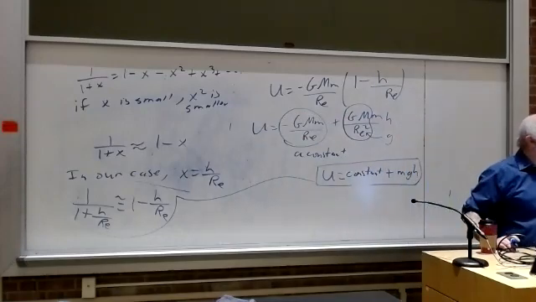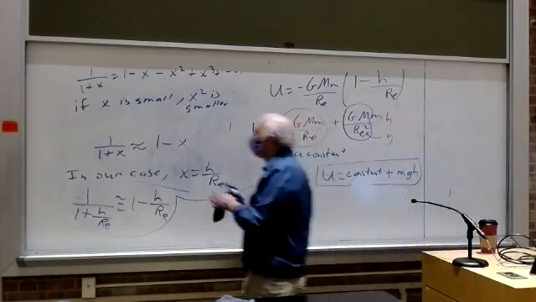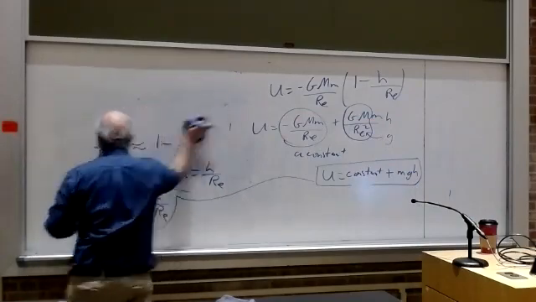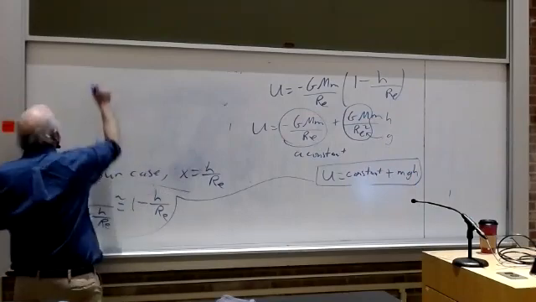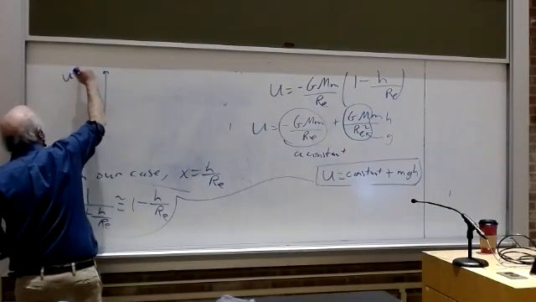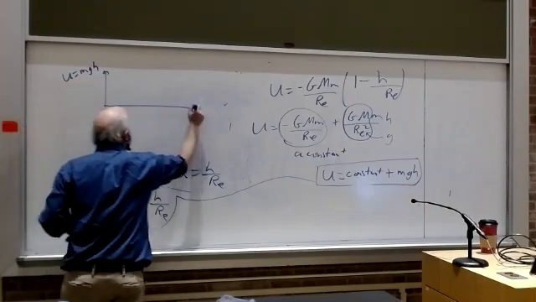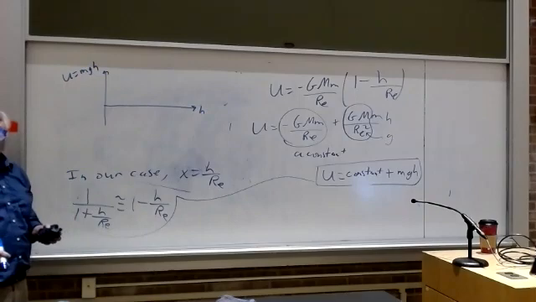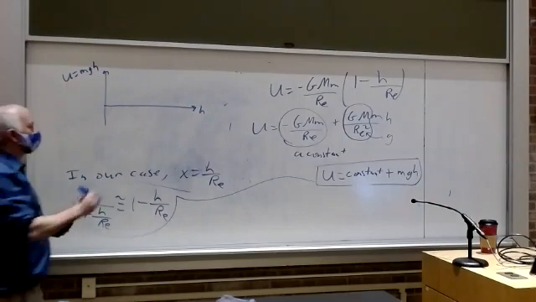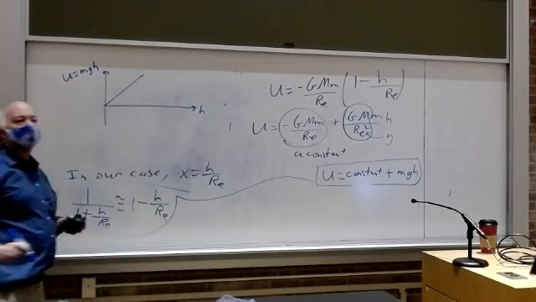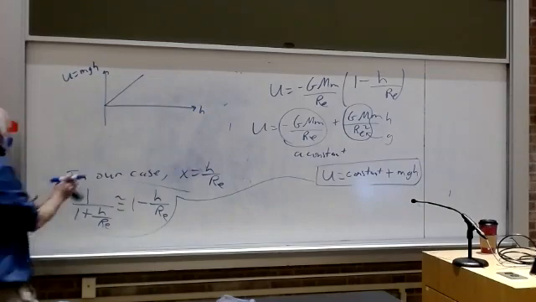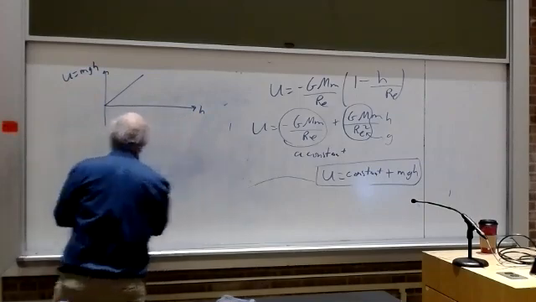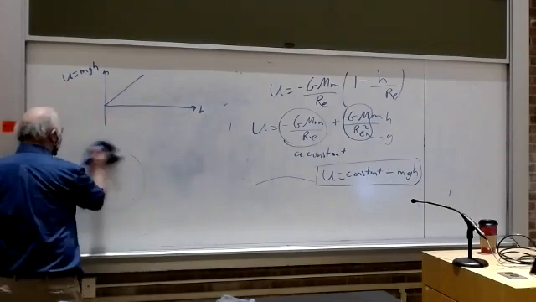There's a slightly easier way to see this with a picture. If I had to graph this versus h, what would that look like? A straight line. Let's say here's you.